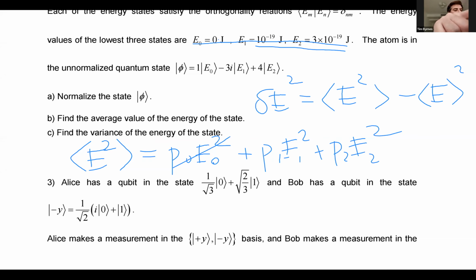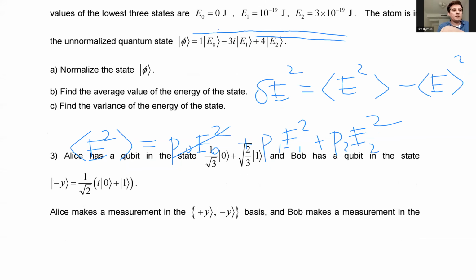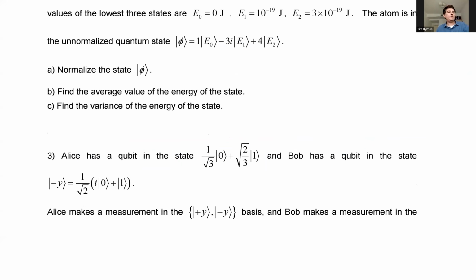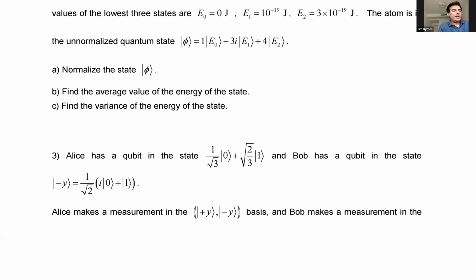Right. Then next question: Alice has a qubit in state blah, and Bob has a qubit in state blah. Alice makes a measurement in the plus-minus y basis, and Bob makes a measurement in the, where's the rest of the question?